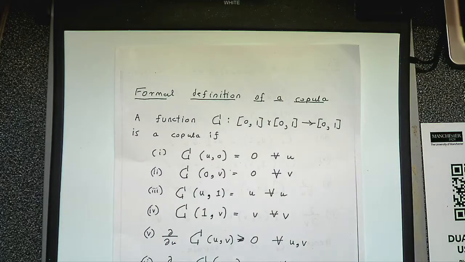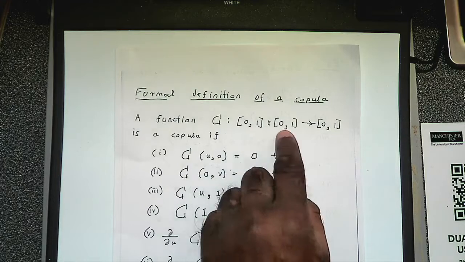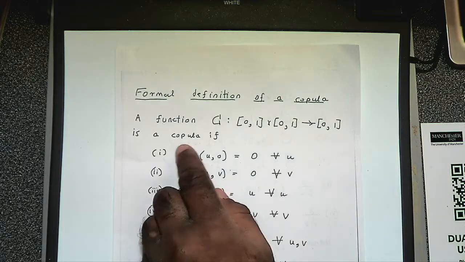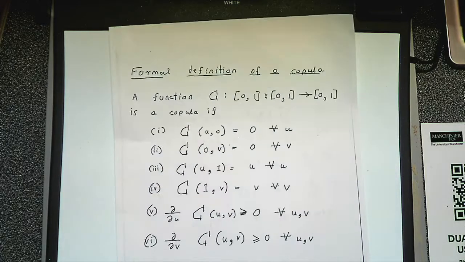The next is the formal definition of a copula. You say a function from the unit square, or unit box, to a unit interval is a copula if it satisfies these 6 properties.